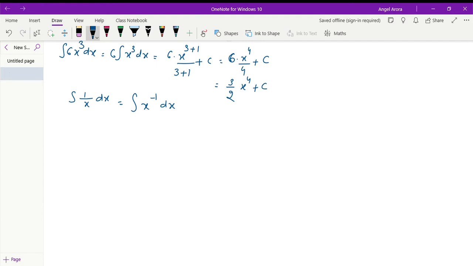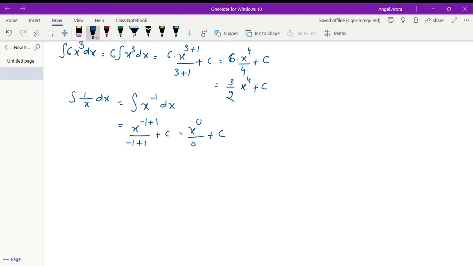Following the power rule, we will get x raised to -1 plus 1 upon -1 plus 1 plus c. So it will be x raised to 0 upon 0 plus c.